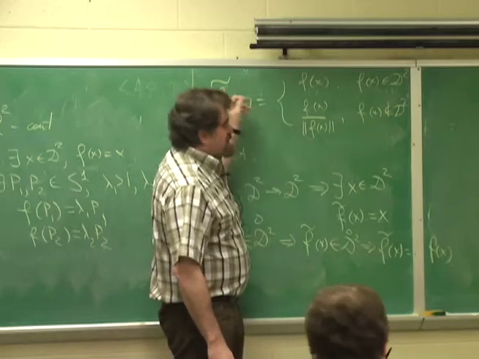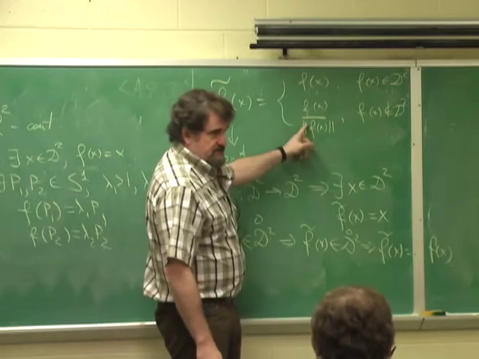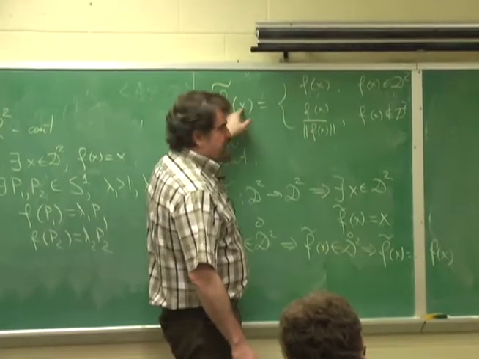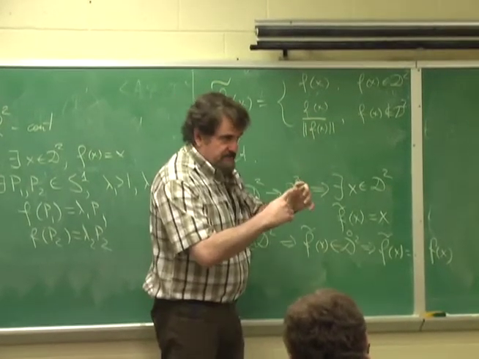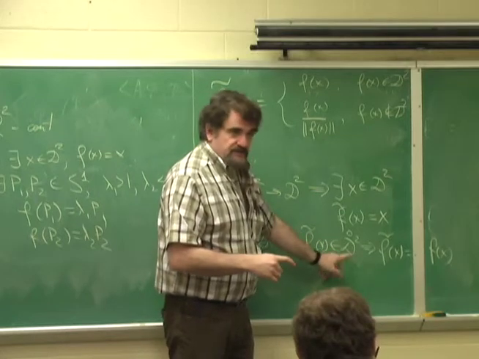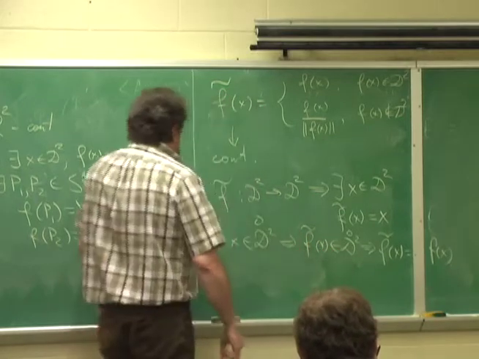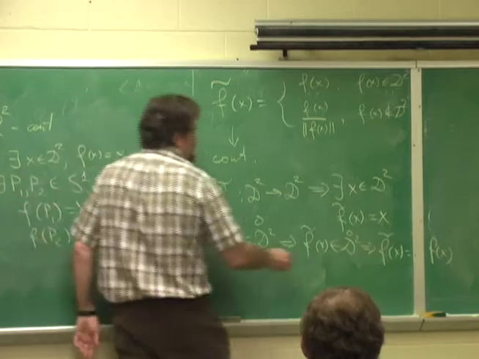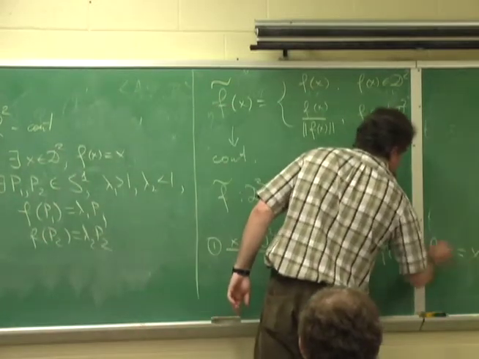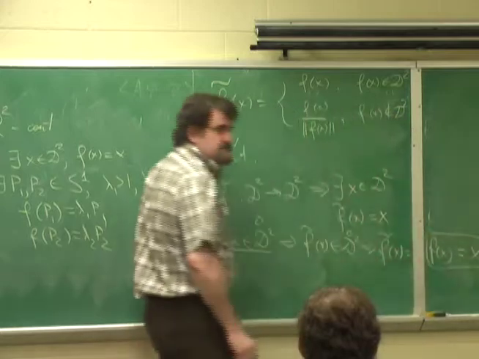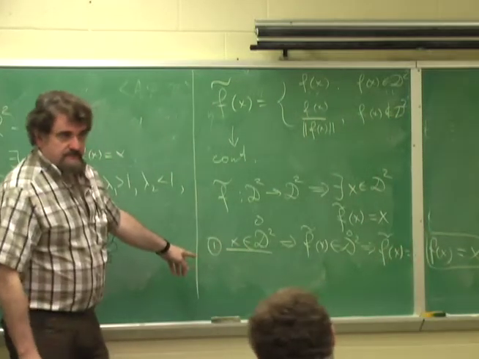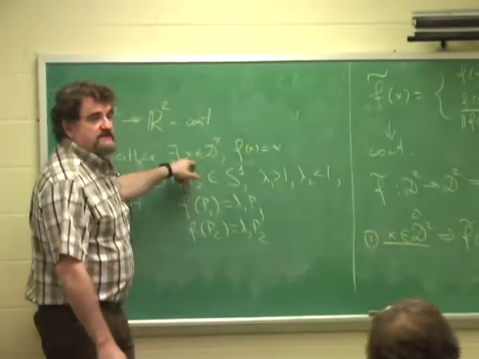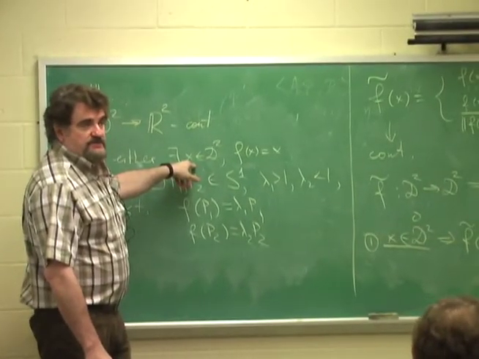These two functions are different only in this situation, correct? And then f tilde of x is on the boundary of the disk, which is not the case. So in the first case, I've got what I wanted, this option.